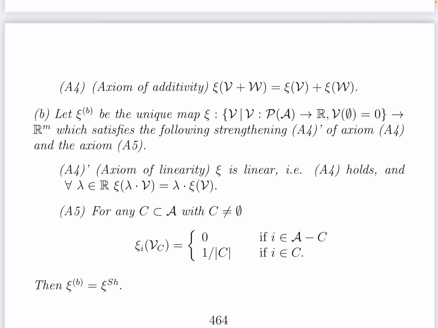More precisely, this vector xi upper index B is equal to the Shapley value of the coalition valuation. In part C, I will reformulate when we come to it, but first I want to prove the parts A and B.